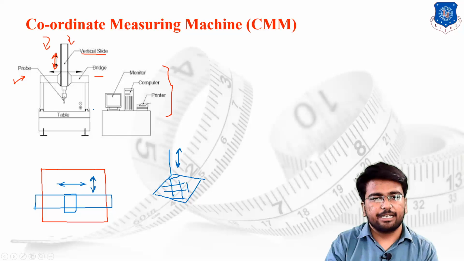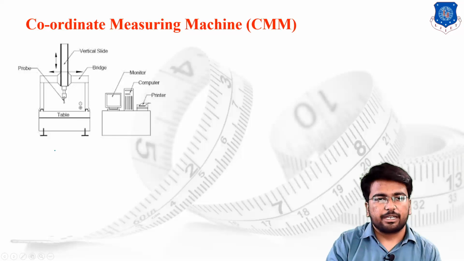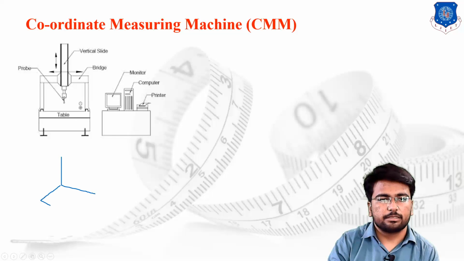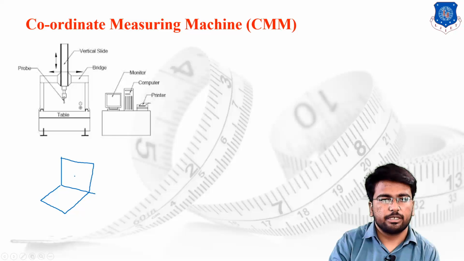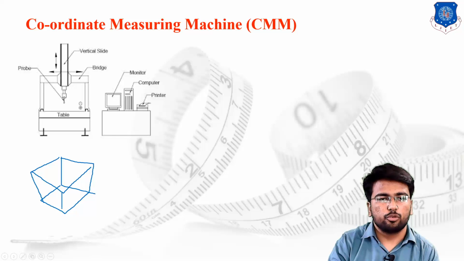So by using this structure we can cover all three directions, or all three planes. The first plane is over here, the second plane is over here, and the third plane is over here. By using this concept, we fulfill the cuboidal shape.